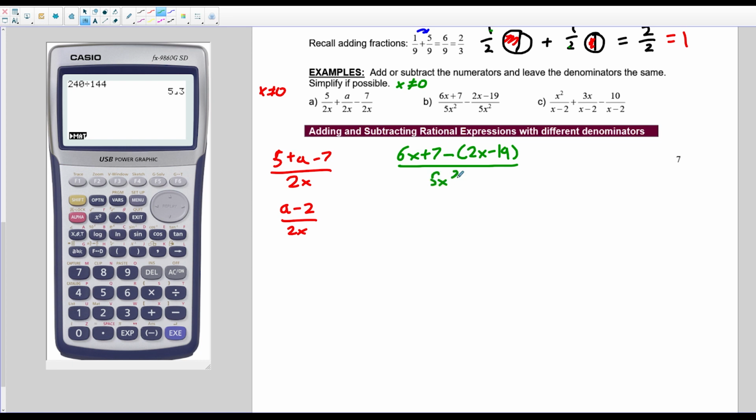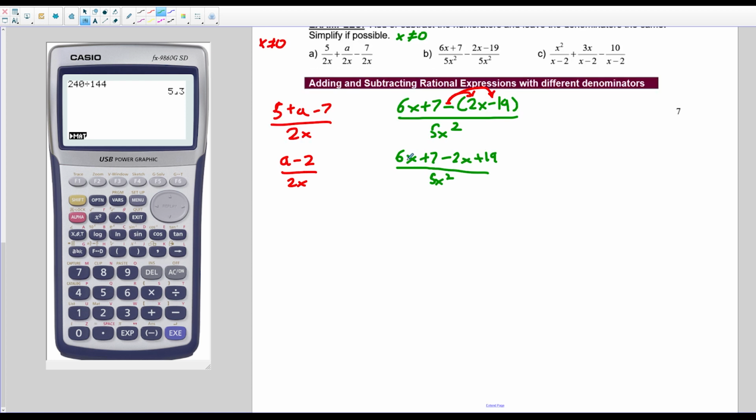And we're dividing by 5x squared. The reason why I would suggest that is now we can think of this as we are subtracting a 2x, so that's minus 2x. And at the same time, we're also subtracting a negative 19. So when you subtract a negative number, we are now adding 19, and we're now dividing by 5x squared.